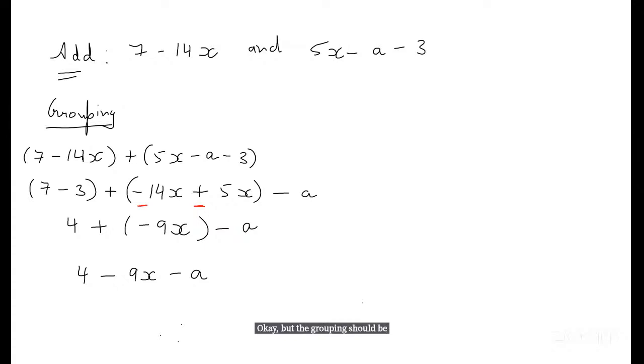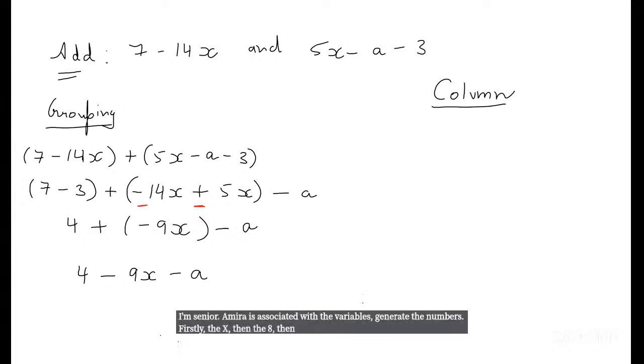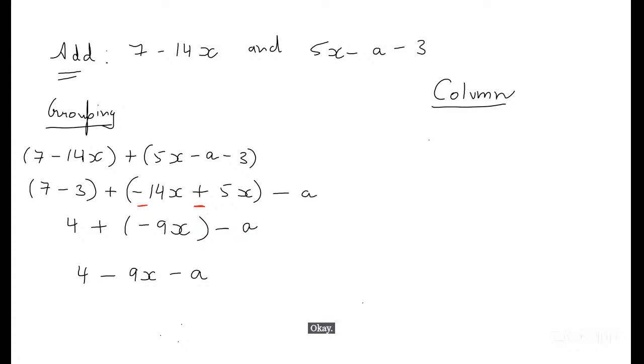Now let's do the following method. Ma'am, same here. First I did the variables, then the numbers. First the x, then the a, then the numbers. Okay, so I'm going to write the first equation first. 7 minus 14x. Okay, you write minus 3.